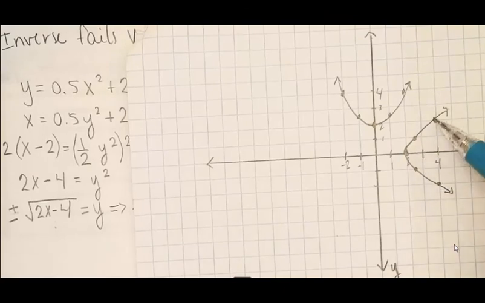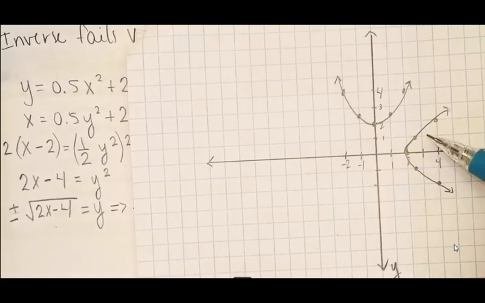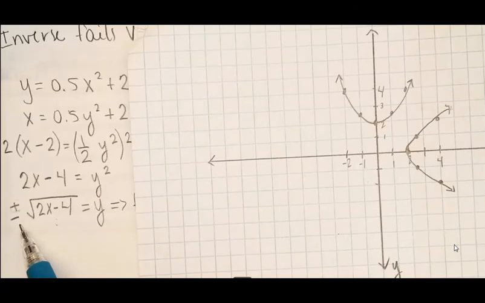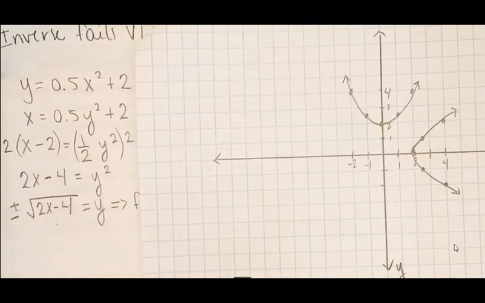So that's like a square root graph. And then it's also got the negative, so reflected across the x-axis, it's also got that negative side. So when I put this into my grapher, I actually have to put both of those equations in.